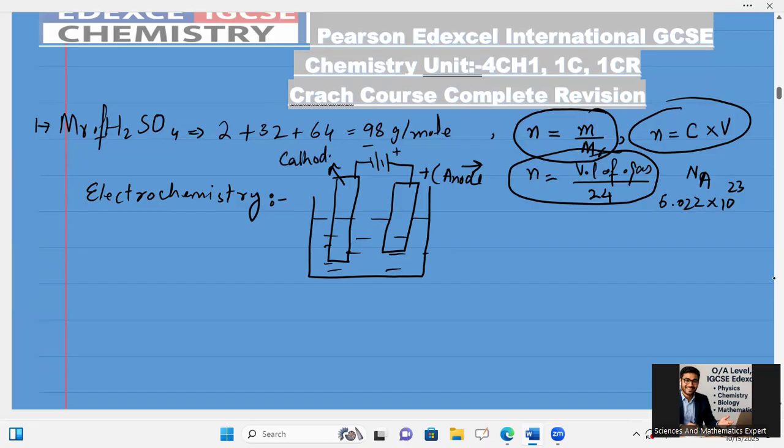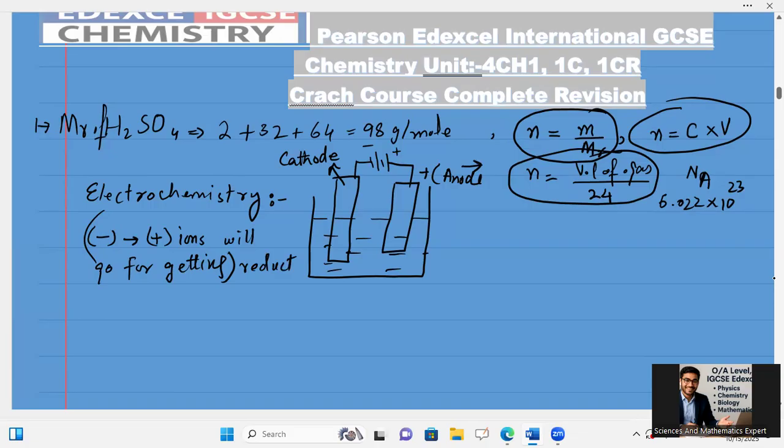The negative terminal, the cathode, has a negative charge, a negative plate is present there. What will happen? Positive ions will come towards it and will gain electrons, which is called reduction.